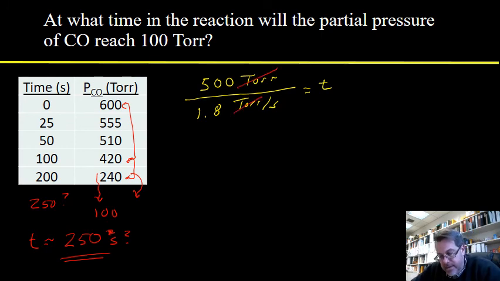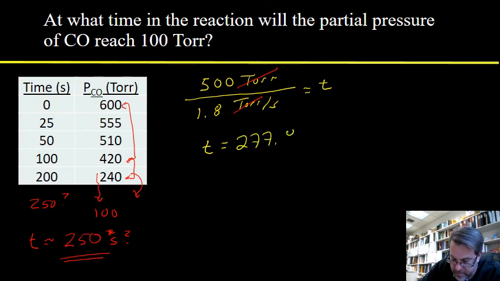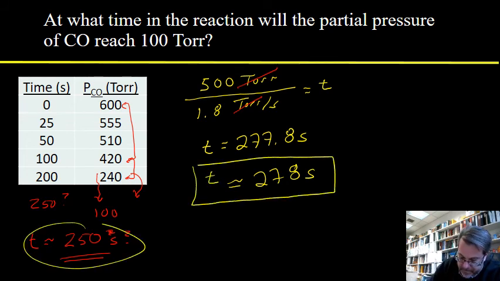And then you've got seconds in the denominator of the denominator, and when you have something in the denominator of the denominator, it goes back up to the numerator. So if you divide 500 by 1.8, you get 277.8 seconds, right? Or let's call it 278 seconds. And again, that's about what we had predicted. Not exactly, but it's the same ballpark, and that's really what we're looking for. Okay.